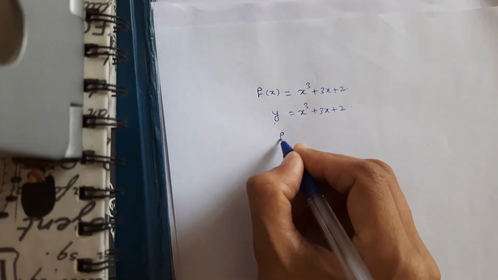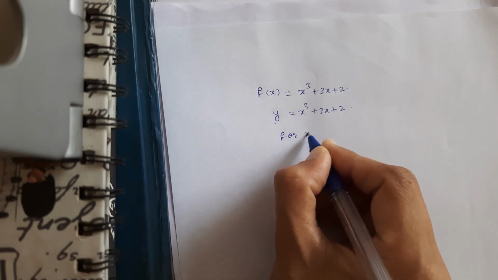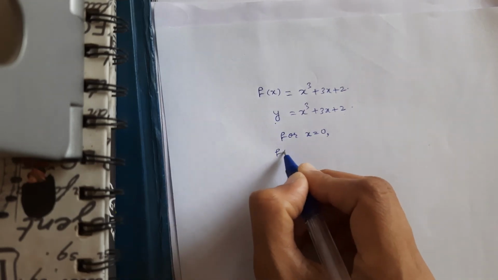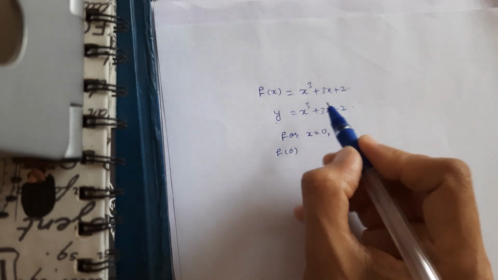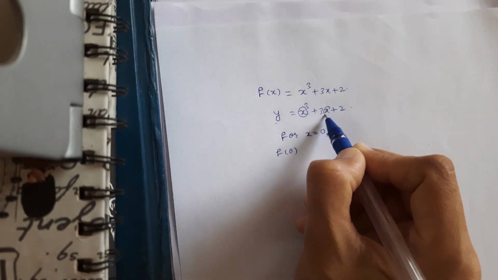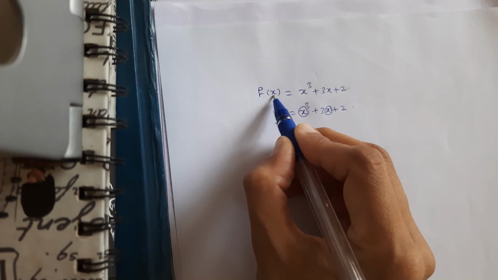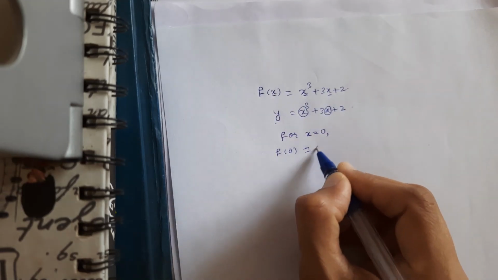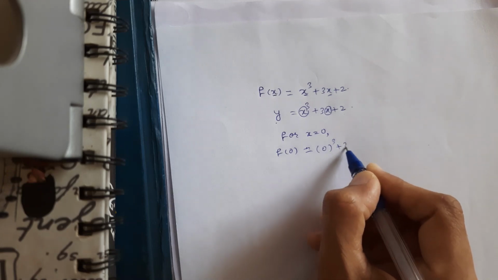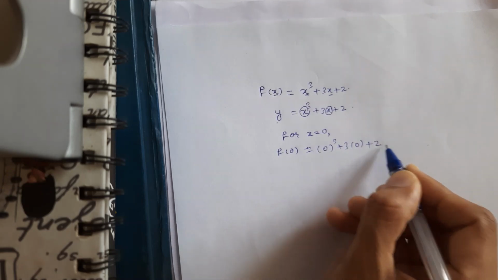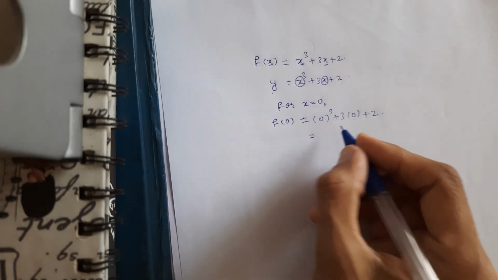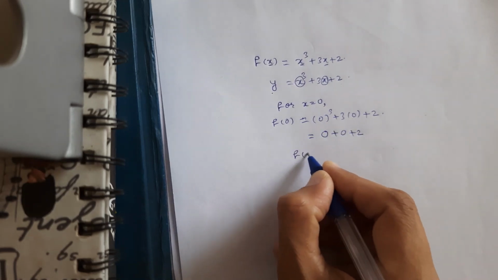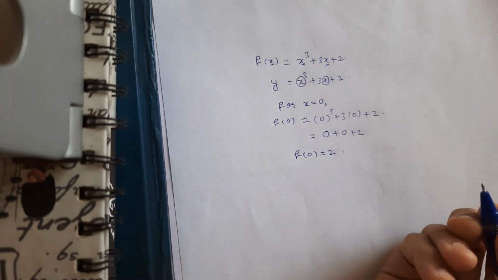For example, for x equal to 0, what will I get? f of 0. Where I have x, I just need to replace it with 0. What will I get? 0 cube plus 3 into 0 plus 2. So this is nothing but 0 plus 0 plus 2. So f of 0 equal to 2.